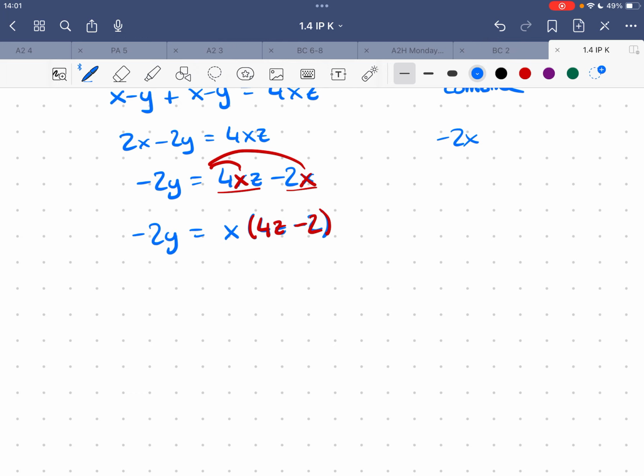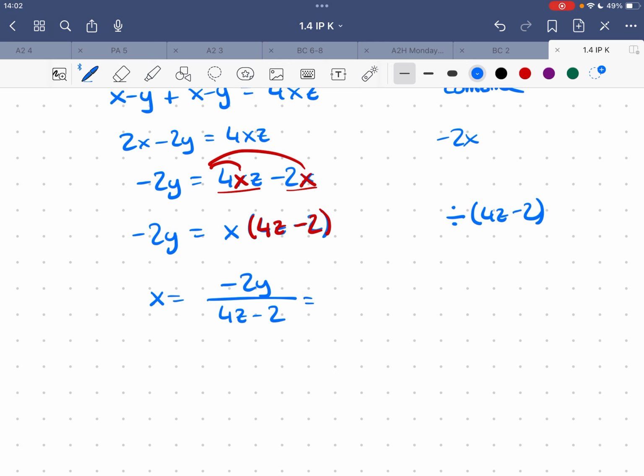Now I can divide both sides by this 4z minus 2, that whole parenthesis, which I've just treated as one unit, one block. So then my x is going to be equal to, oh, sorry, that's going to go in the denominator. My x is going to be equal to negative 2y divided by 4z minus 2.